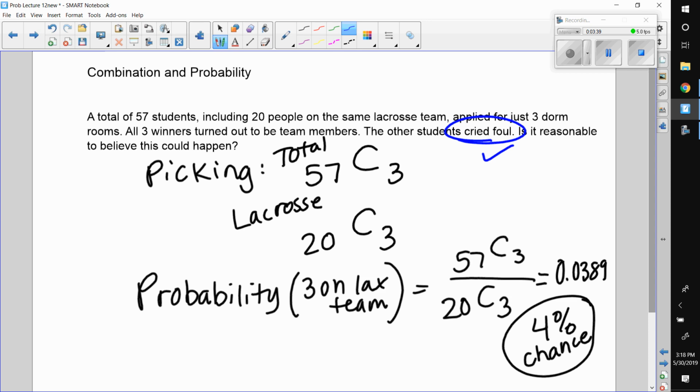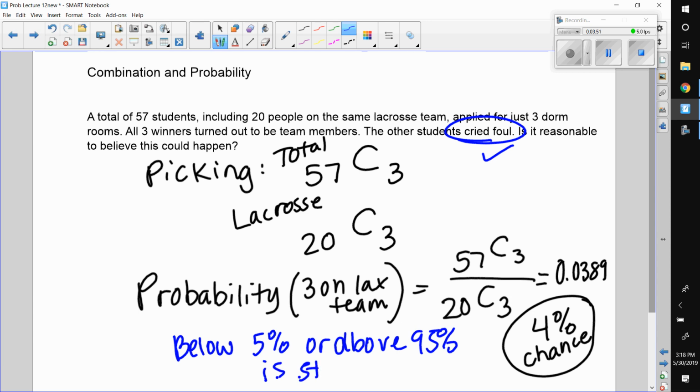A 4% chance, anything below 5% or above 95% is statistically significant, which means that it's pretty unlikely for it to happen. If you're in the lower 5% or the higher 95%, you're pretty amazing or pretty unreasonable.